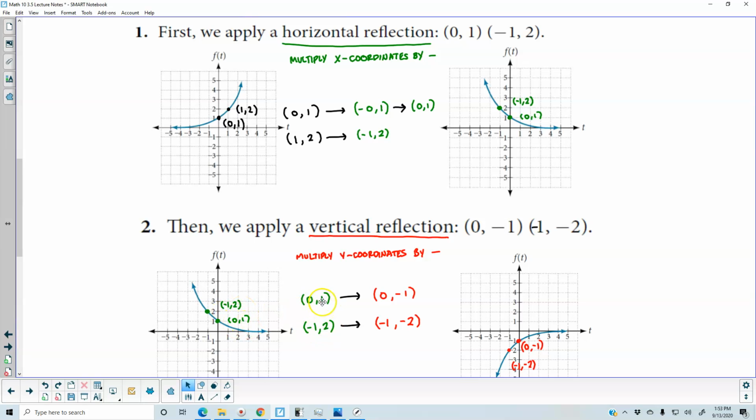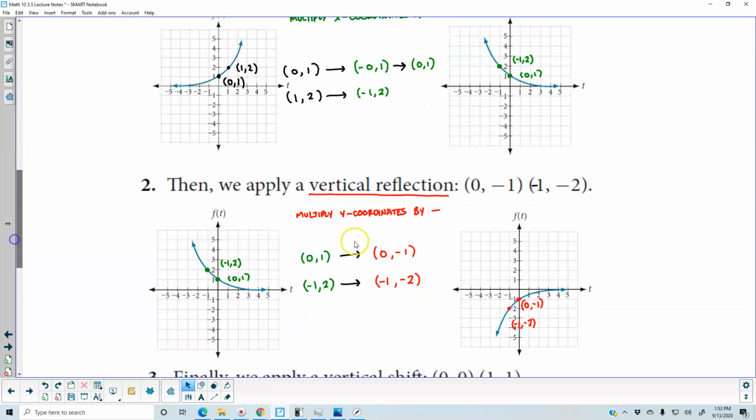We multiply the y-coordinate by a negative value, so (0, 1) becomes (0, -1), and (-1, 2) now becomes (-1, -2). Now we apply those ordered pairs to a new graph. It's reflecting vertically over the x-axis, or in this case, the t-axis. So we plot our points, (0, -1) and (-1, -2), and there is our transformation.